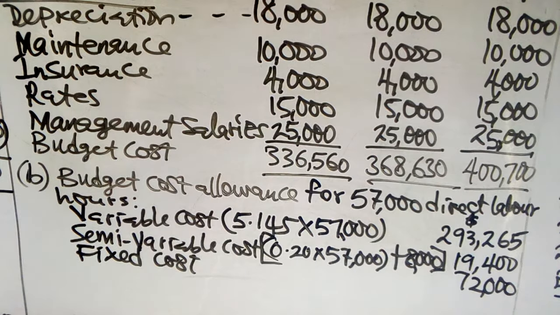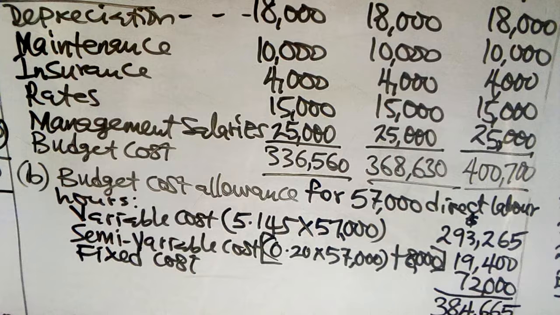You now sum up the three. We have 72,000 plus 19,400 plus 293,265, then we have 384,665.